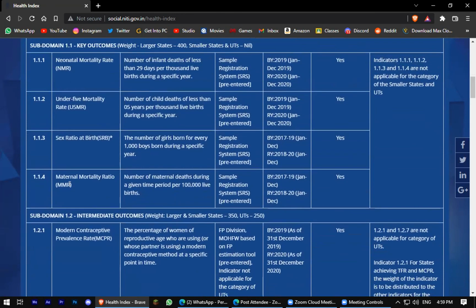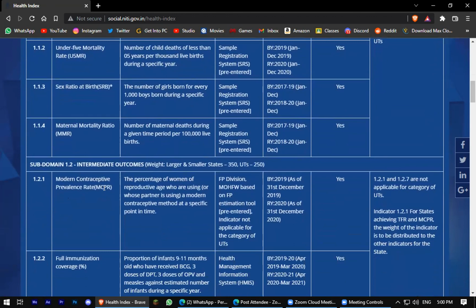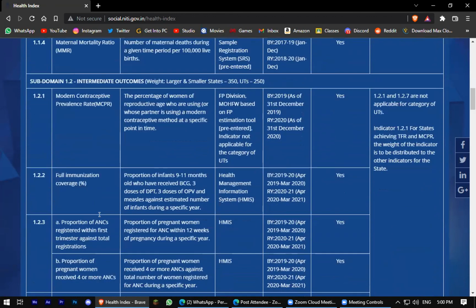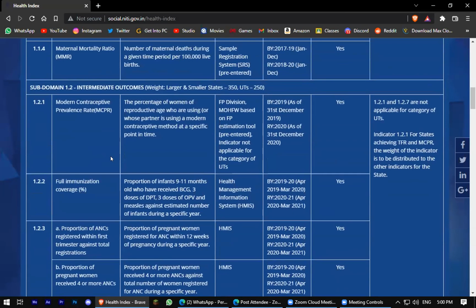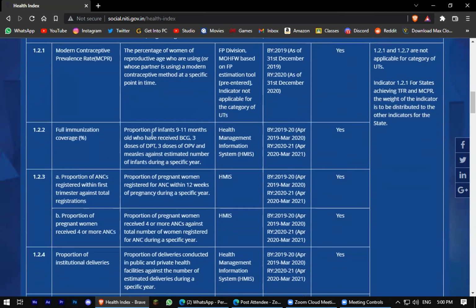Then comes intermediate outcome, where we are talking about MCPR, full immunization, proportion of infants 9 to 11 months old who have received BCG. Even what is the timeline for that activity, that also we are referring. The percentage of women of reproductive age who are using a modern contraceptive method at a specific point in time.